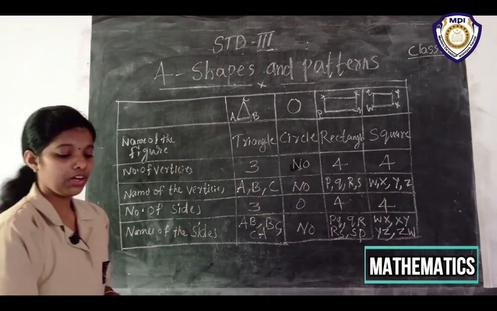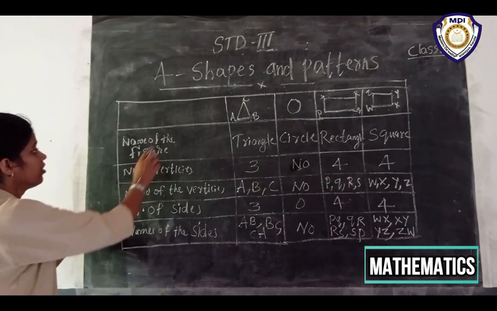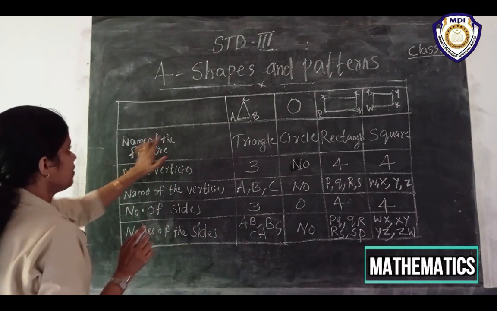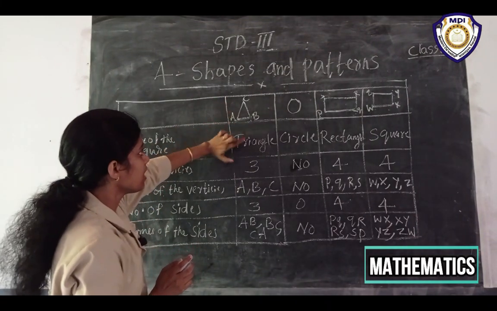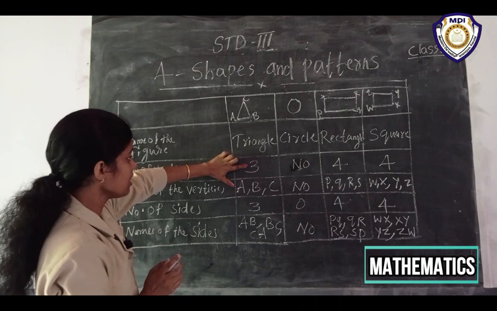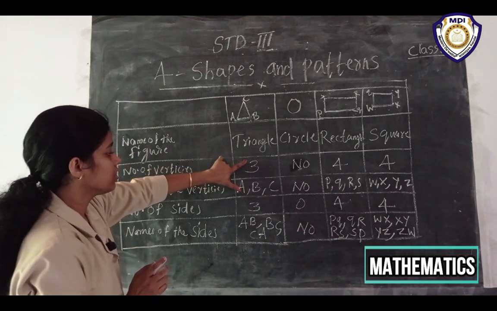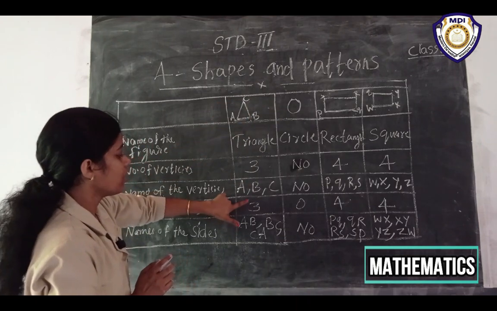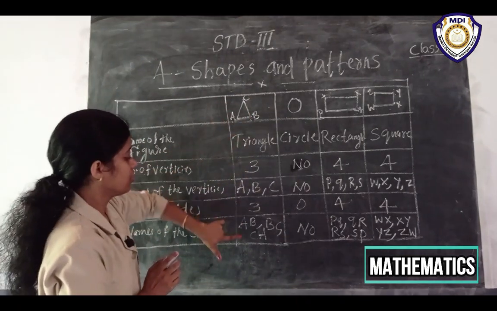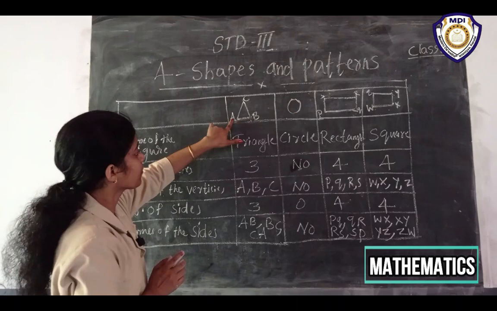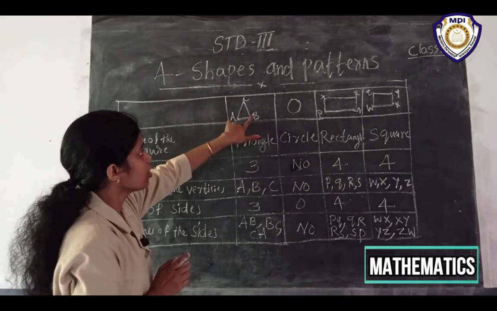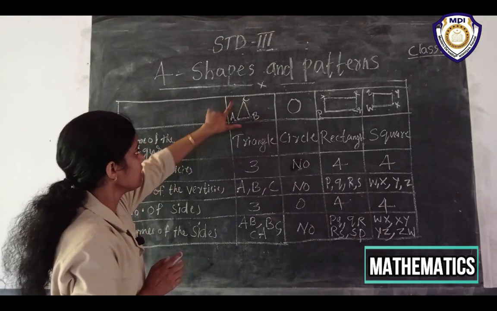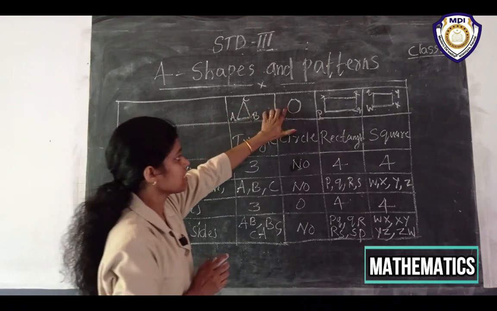All of you listen here. I will explain one more time. This is a triangle. A triangle has 3 vertices: A, B, C. Only 3 sides: A, B, B, C and C, A. This is a circle.